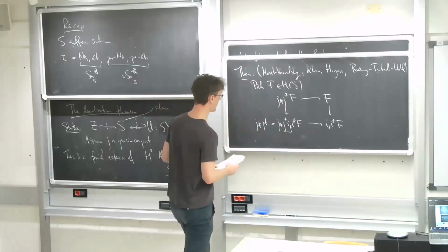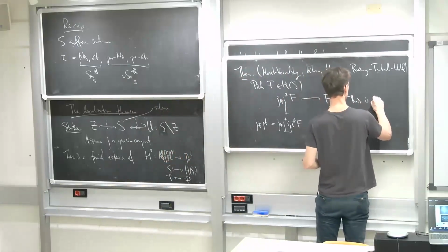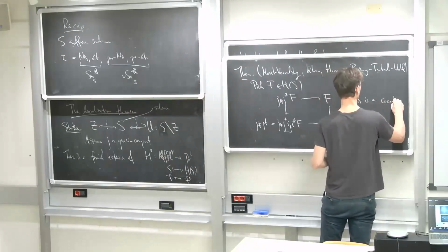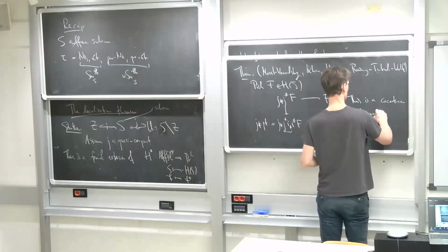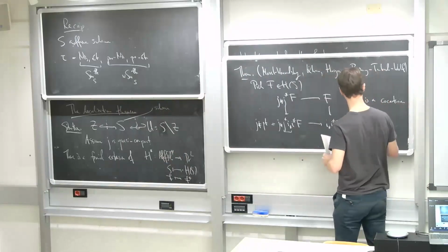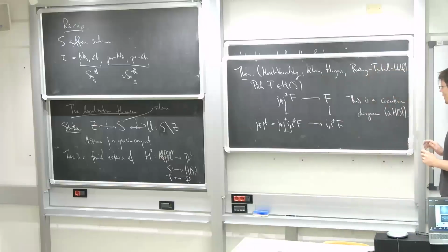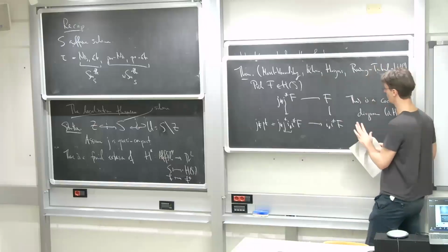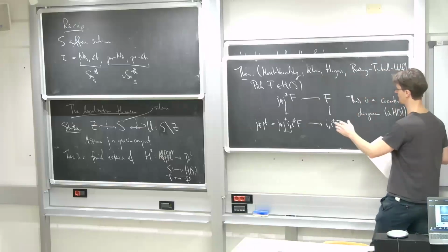So we have this diagram, and the claim is this is a co-Cartesian diagram in HS. Okay, so the statement here is a little bit careful. What you mainly want to view this as is kind of an exact sequence.